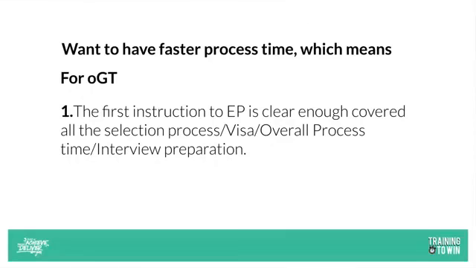So for OGT, it's very important that in the first step of contacting the EP, we already give very clear information covering the selection process, visa, overall process time, and interview preparation, so that the EP can have very clear information about maybe this would be the process time with Japan, and this would be the process time with India.